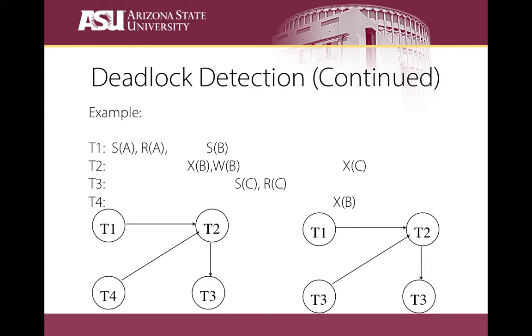T2 wants an exclusive lock on C. So it's waiting for T3 to release the shared lock, right? Who's waiting for whom? So the edge will be T3 to T2, right?